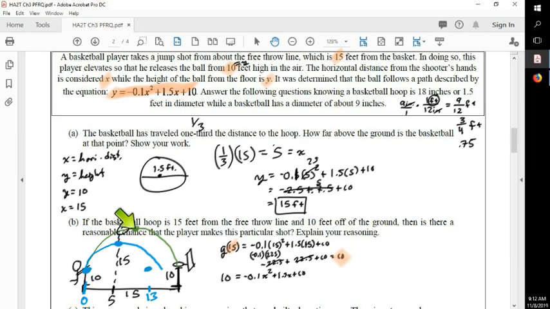And so I'm going to assume that once the ball gets 15 feet away from the athlete, where the basketball hoop is, and it's 10 feet in the air, because the ball is falling from the sky, it's falling above the hoop. It's going to go in, it's going to make it. So I would just say that. I would say because it's 15 feet away, the height of the ball is 10, then the ball is going to make it into the basketball hoop.